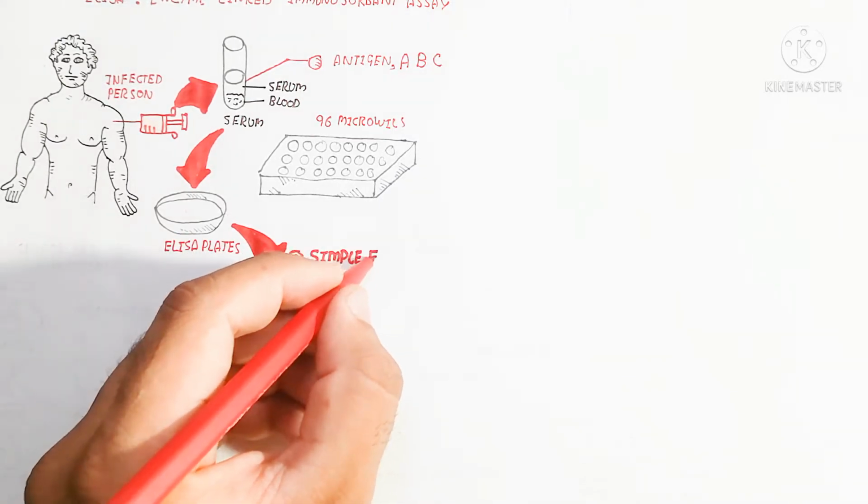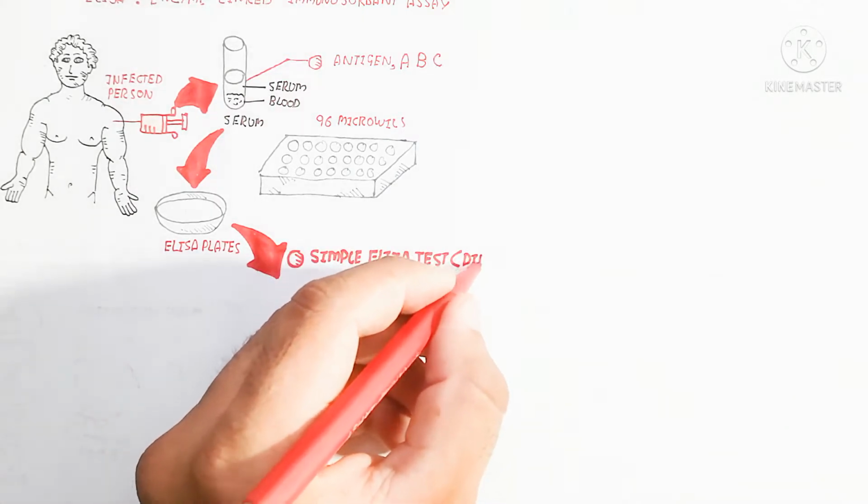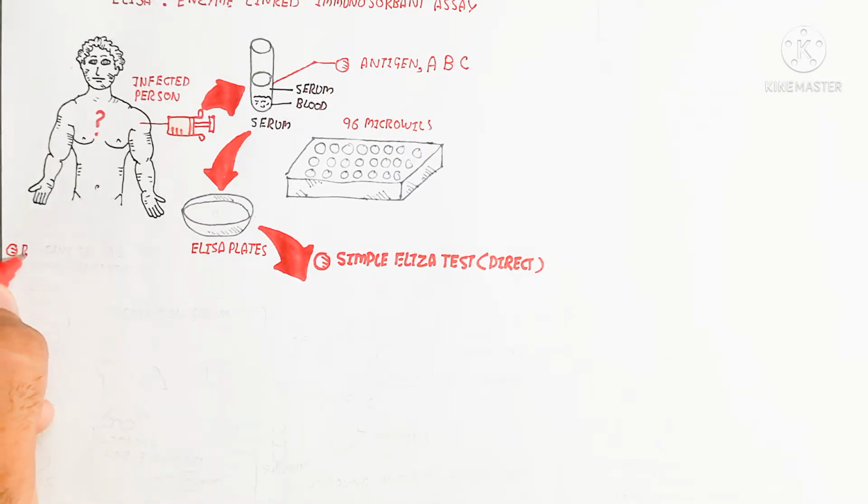So the ELISA plate is here. This ELISA plate looks like this. Basically, the simple ELISA test is direct, and we will discuss it first. The simple ELISA test means the enzyme linked immunosorbent assay is used directly.